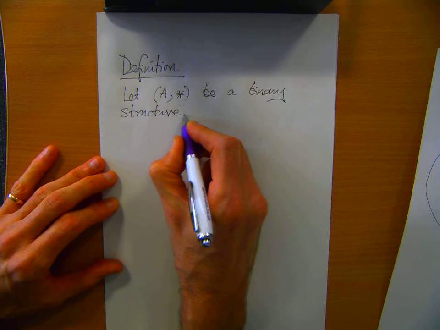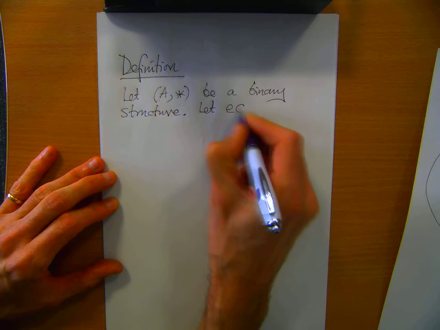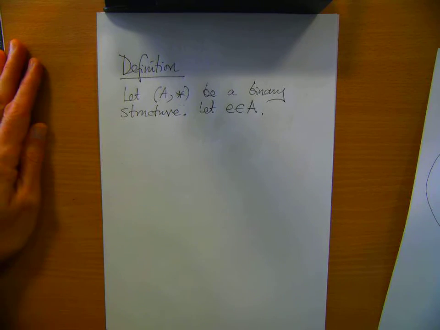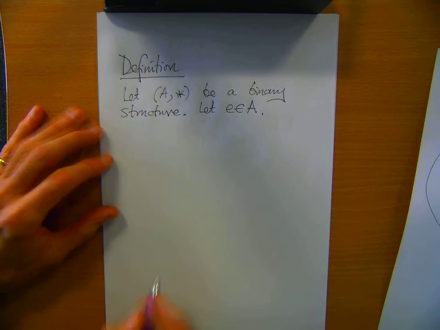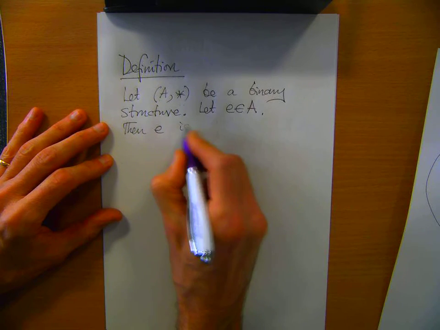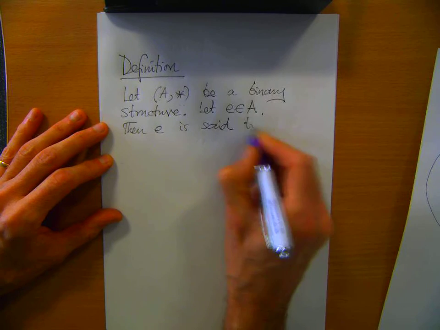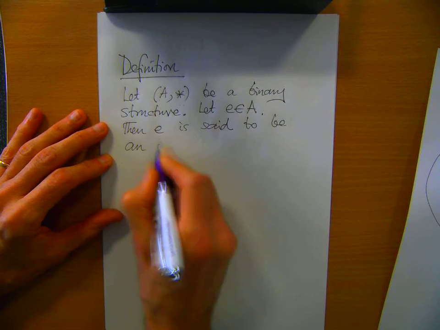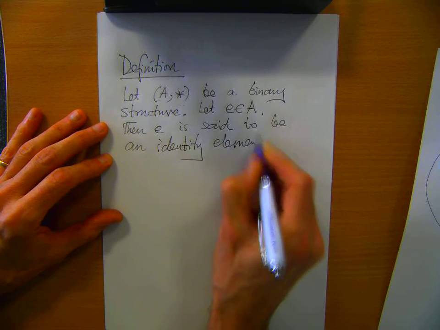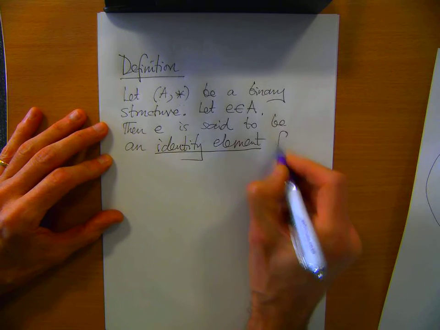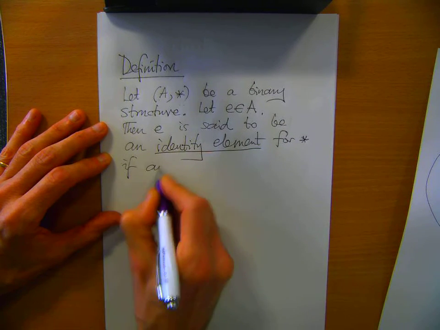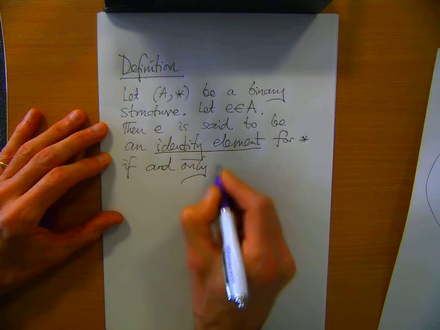And let's take a particular element of A, which we're going to call E, and E is the standard notation for an identity element. So then E is said to be an identity element for star, or for (A, star), if and only if, well, I wrote this down at the end of last time, so we're just recapping here.